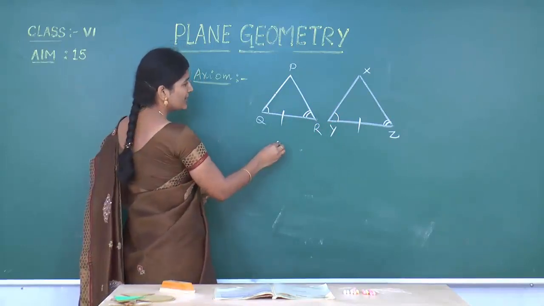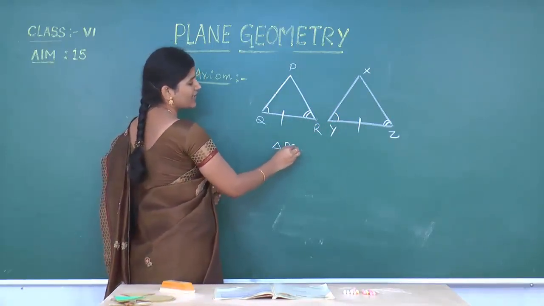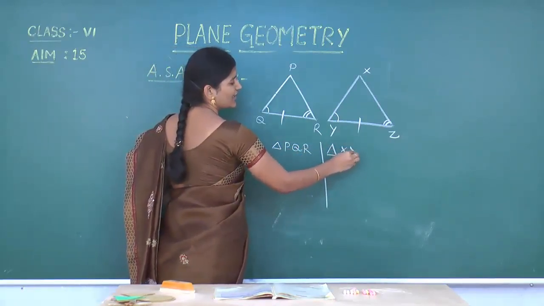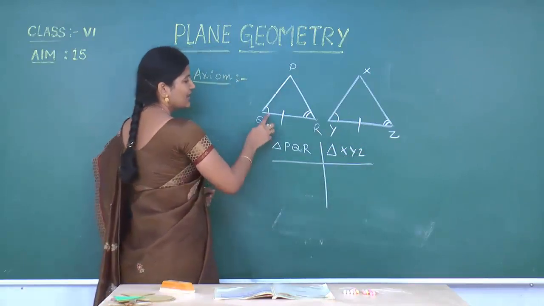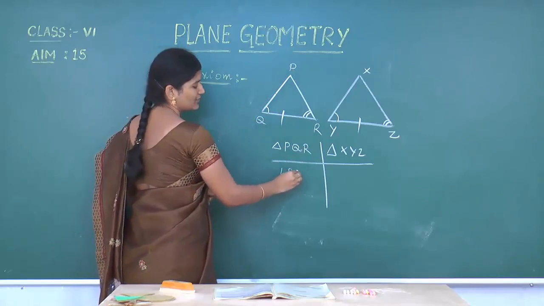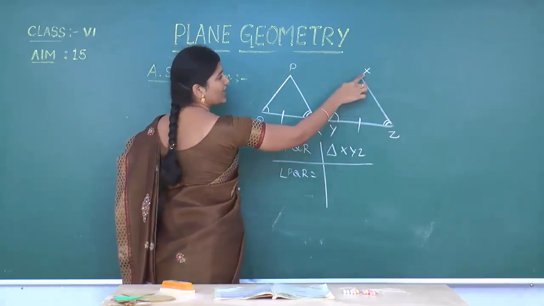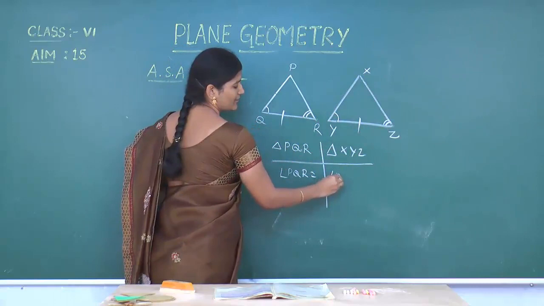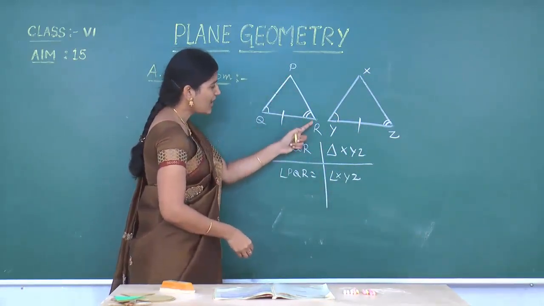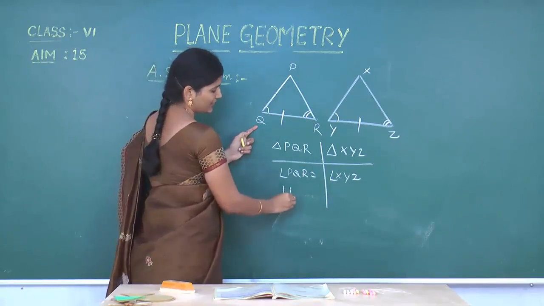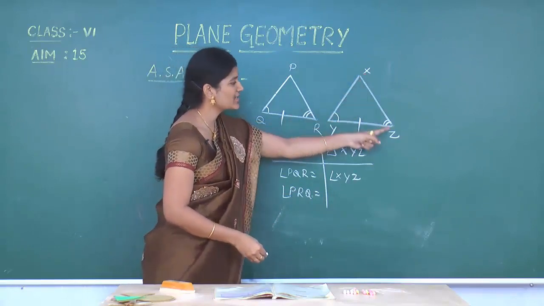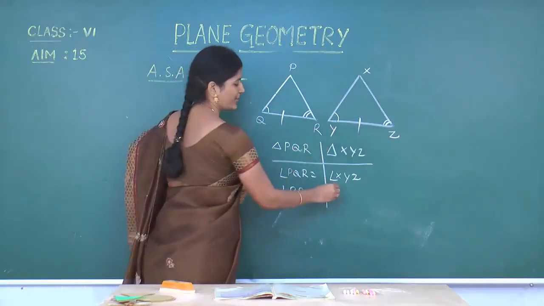Let me show you in tabular form. Here I am going to take triangle PQR, and here this is triangle XYZ. In this, angle PQR is equal to angle XYZ, and the second angle, angle PRQ, is equal to angle XZY.